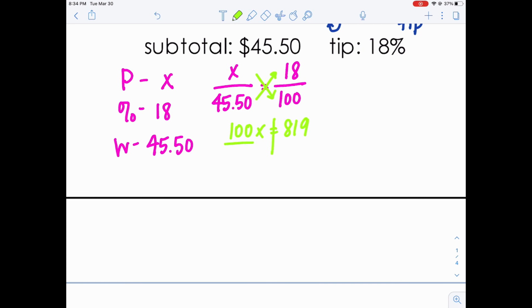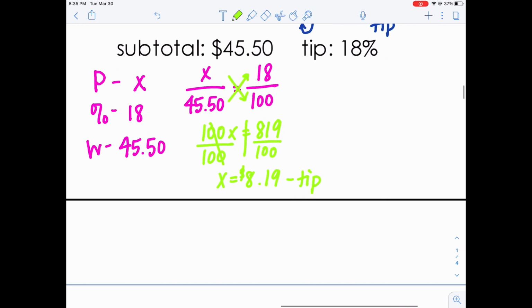Solving this equation, I'm going to divide both sides by 100, and I am left with X equals 8.19. There are no more decimals, no rounding, so this is $8.19 in a tip.